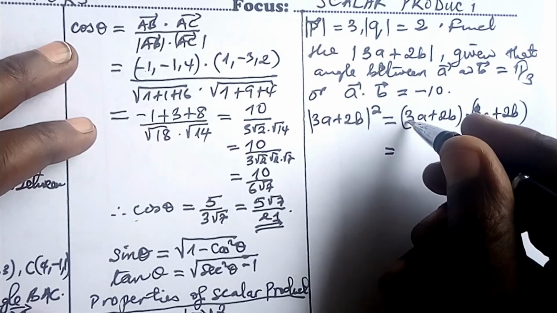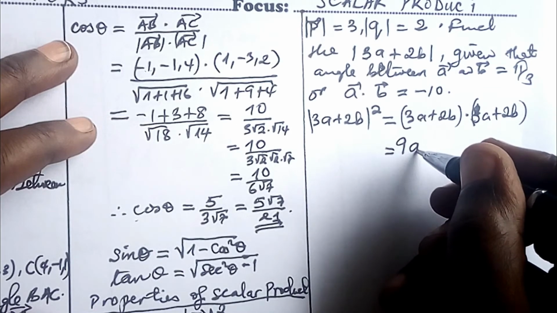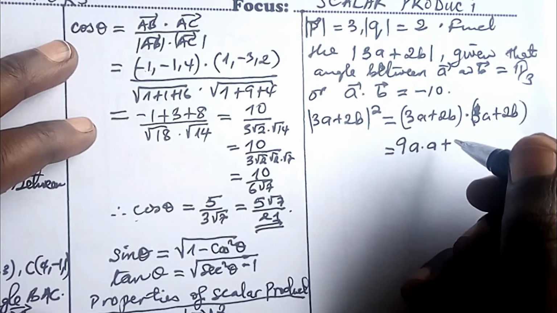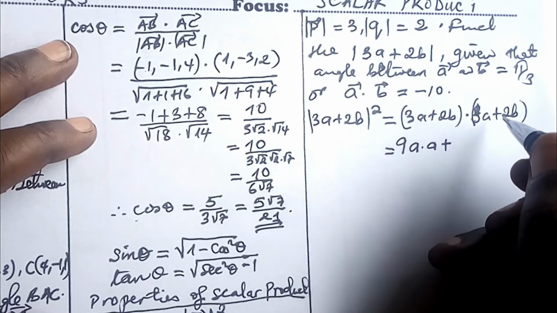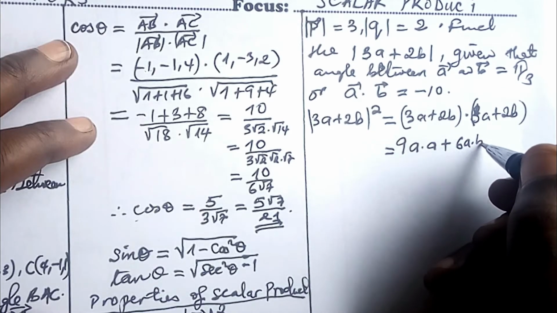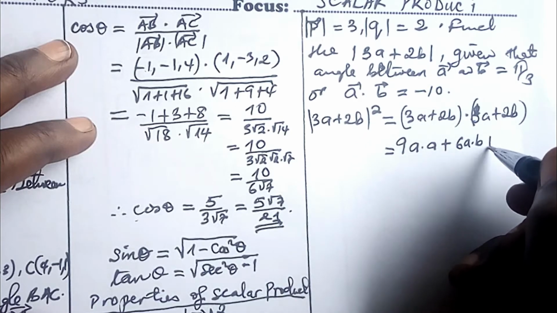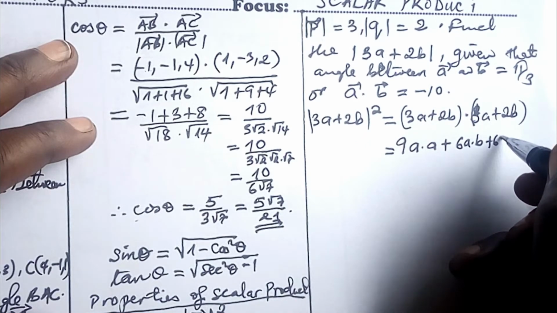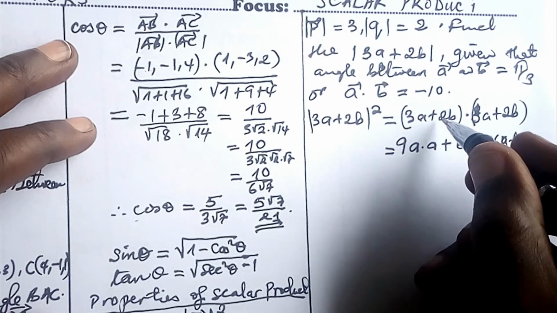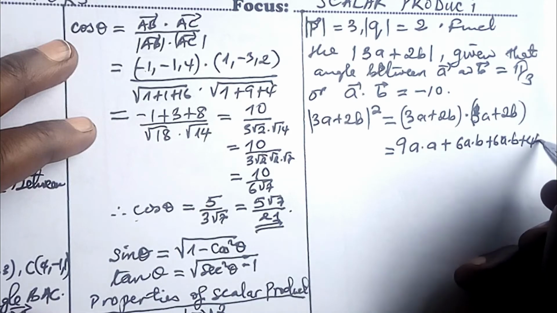This gives 3a dot 3a is 9a dot a, plus 3a dot 2b should give 6a dot b, and then 2b dot 3a should give plus 6a dot b, and then 2b dot 2b should give plus 4b dot b.